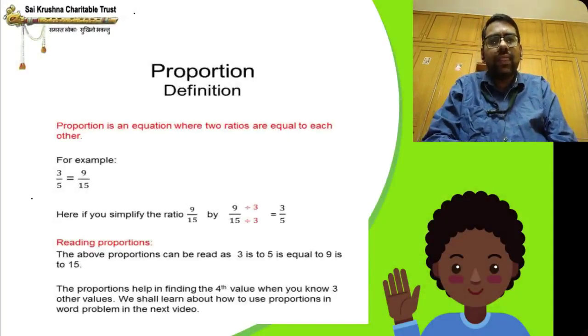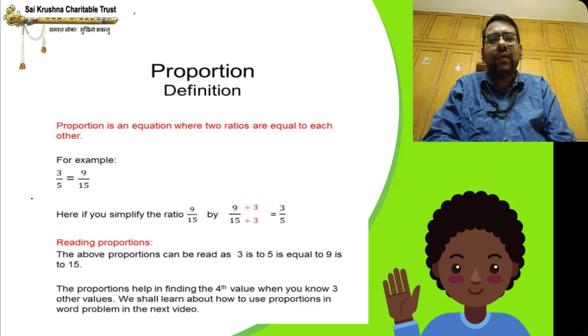Proportion definition. Proportion is an equation where two ratios are equal to each other. For example, 3 by 5 is equal to 9 by 15. Both are in proportion. How? If you multiply numerator and denominator by 3, what will you get? 3 threes are 9, 5 threes are 15.